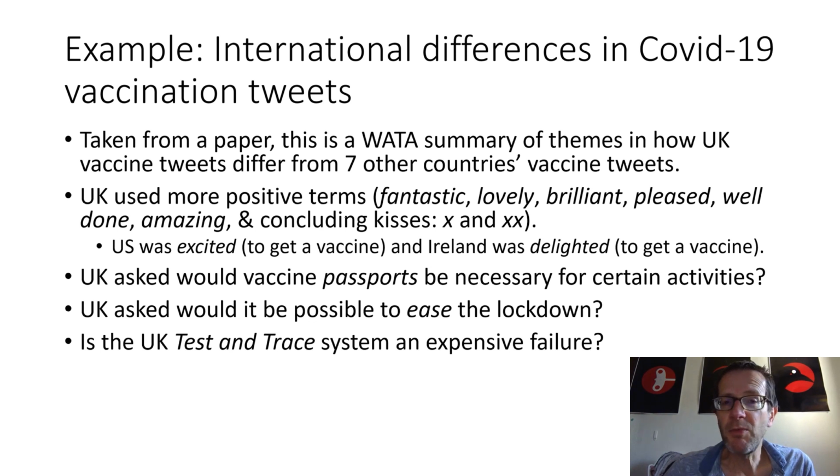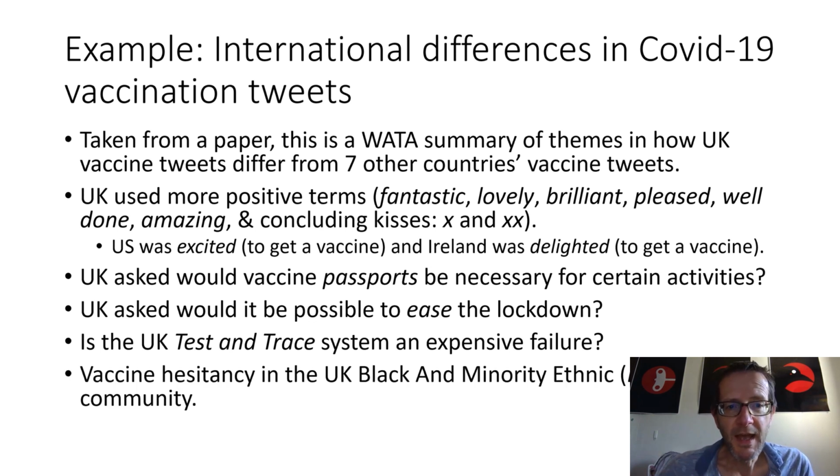All of these themes were derived from analysing the tweets of the UK compared to 7 other countries to look for words that were more common in the UK tweets than in the other countries' tweets, and then organising the words into themes. And the final one from the UK was vaccine hesitancy in the UK Black and minority ethnic community, the BAME community in the UK.